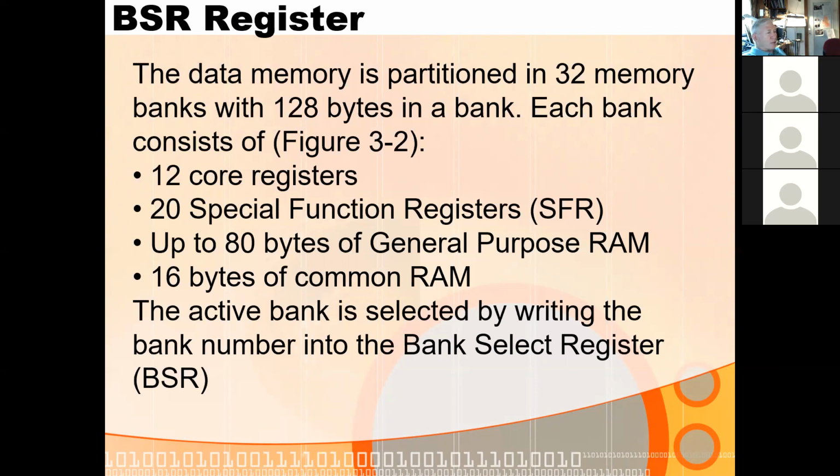And remember, 6 of those 12 core registers are the indirect registers, which we're not going to use per se. So there's only about 6 registers that you don't have to worry about. All the rest of the special function registers, you do have to worry about being in the right bank. These registers are used to control all your peripheral modules and to get to your various external pins on the chip to connect to LEDs and other stuff.